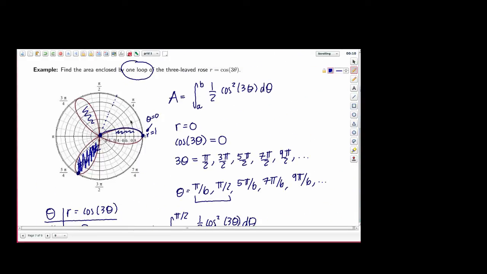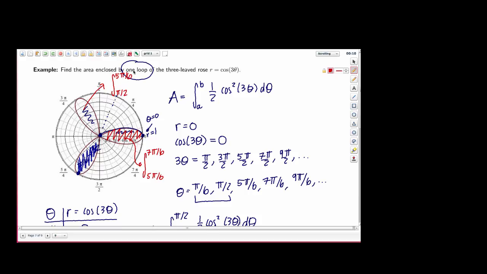Again, as an exercise, it would be useful to see what other bounds you could have used. To get the entire first loop, we said you could do 2 times the integral from 0 to pi over 6, or you could do the integral from 5 pi over 6 to 7 pi over 6. To get the second loop, you could do the integral from pi over 2 to 5 pi over 6.